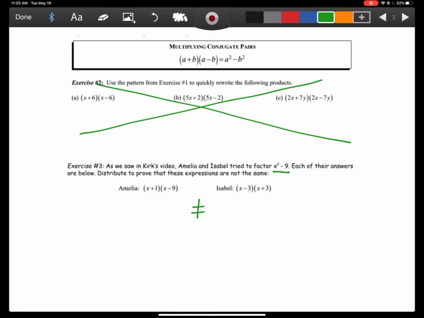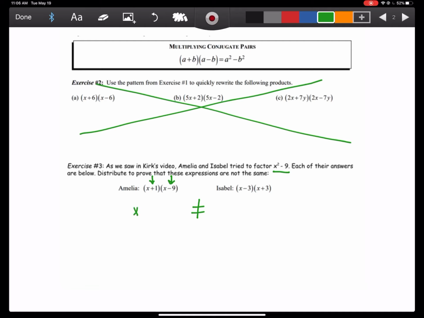First of all, notice Amelia's work are not conjugate pairs. So we know something that Amelia hasn't caught on to yet. These are not conjugate pairs, therefore they will not equal the difference of two perfect squares. Let's show that work.